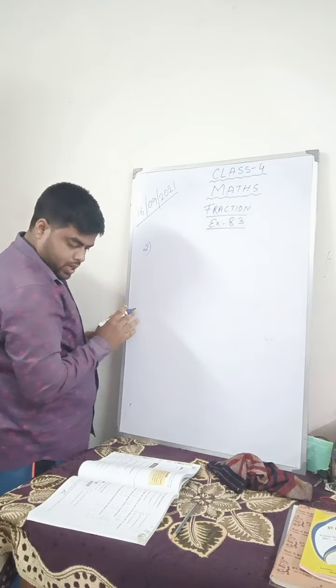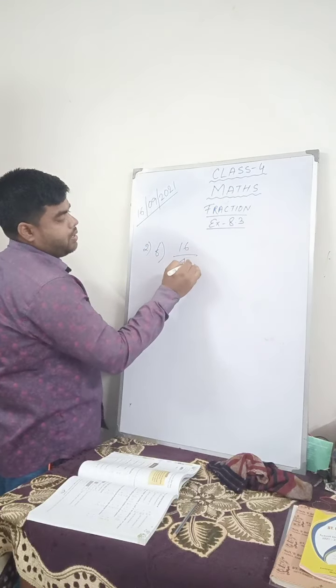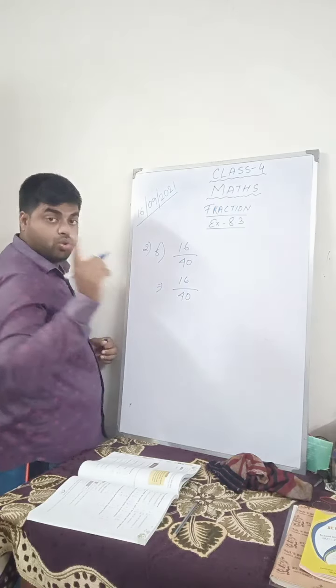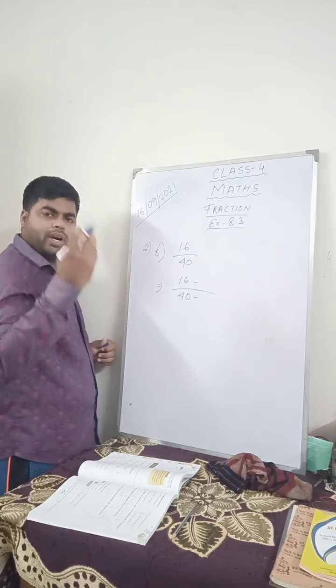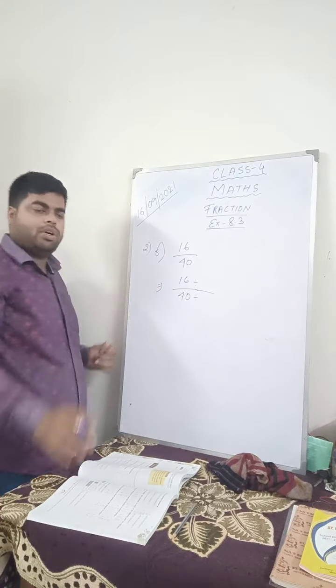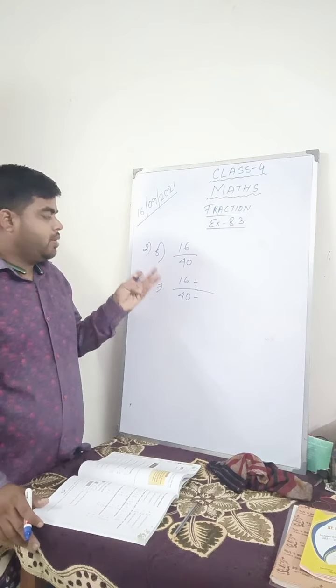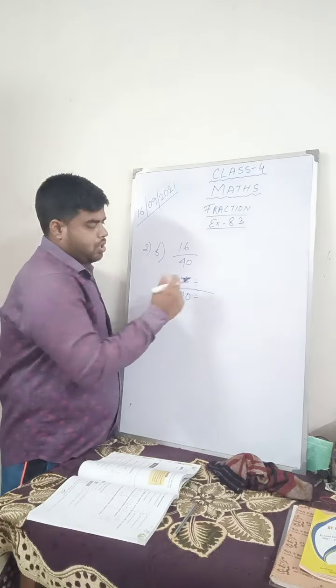Question number 2, let me see, part f, 16 by 40. Write the question again, 16 by 40, and they have asked you to divide. So you will divide by the same number. You can divide by 1, but don't divide by 1 because you will get the same fraction. So you divide by 2, by 4, by 8, whatever you want.